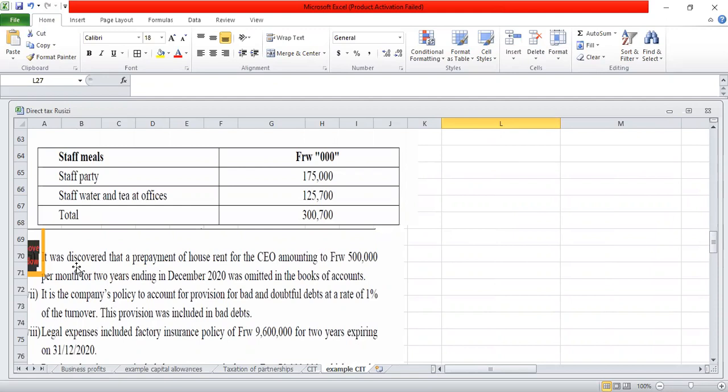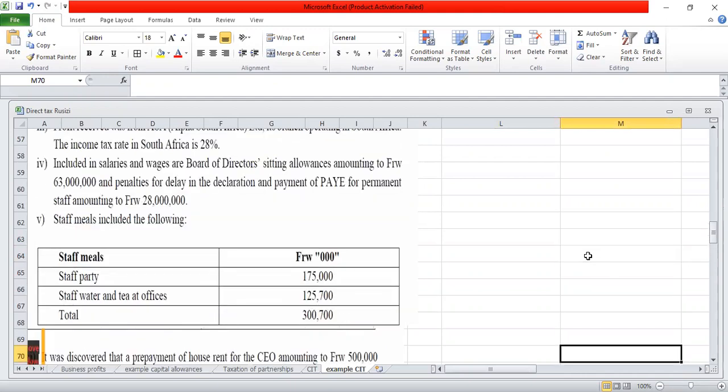But since it was not recorded, we are not going to consider it. For me, I'm not seeing it as a business expense, but we can also exchange ideas. But for me, I'm seeing it as not a business expense, because the housing allowances are given within the rent. And since it was not recorded, it means you are not taxed.